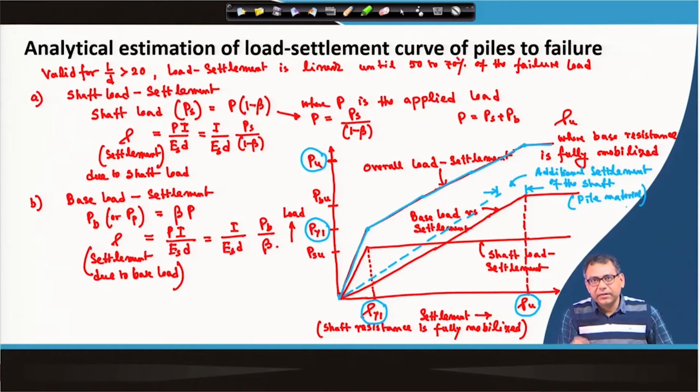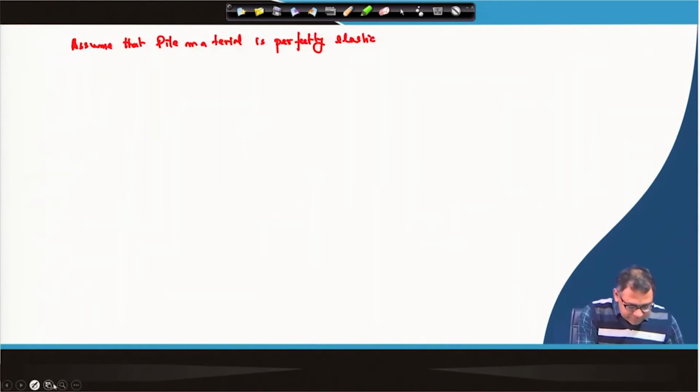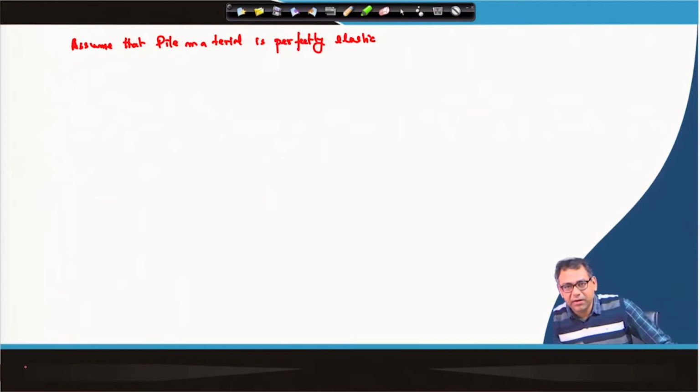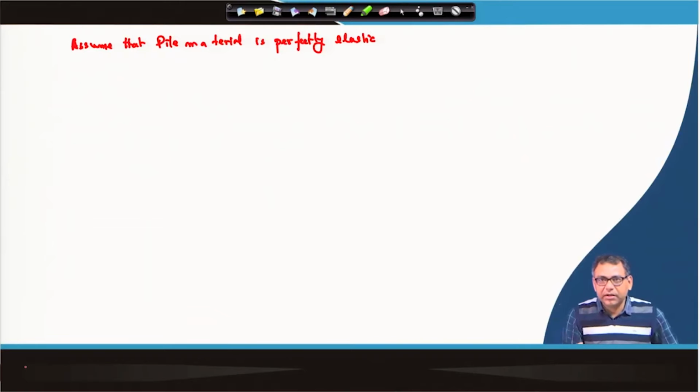Okay. This is clear. So, now we have to subtract that tip component which will go to the base during the full mobilization of the shaft load.